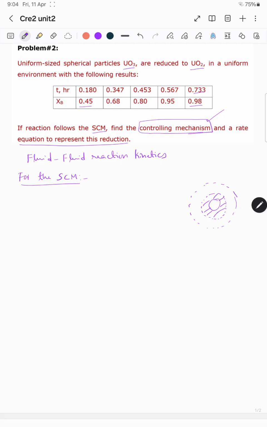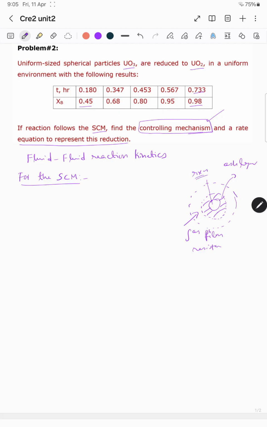So in this question, to carry out the reduction of UO3 to UO2, what is the controlling mechanism? Is it gas phase resistance, gas film resistance, or ash layer resistance, or is it because of reaction on the surface of the particle?